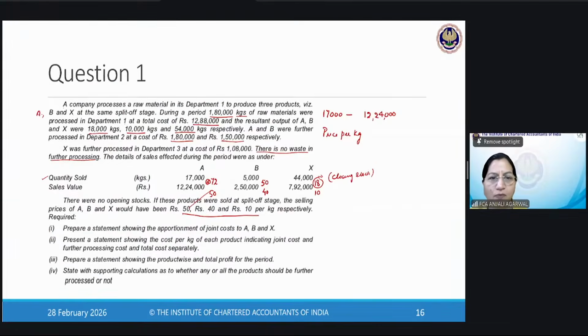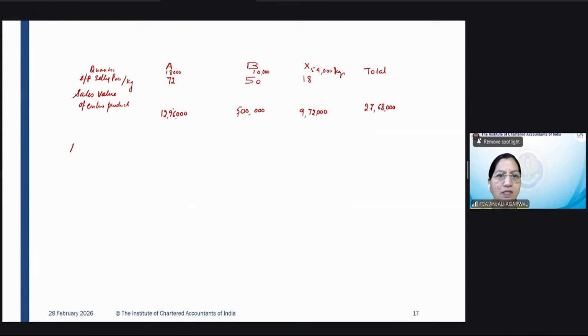net realizable value. So this is the selling price of all the products if the entire lot was sold. From this, if you subtract profit, we don't have. If you subtract selling expenses, which again we don't have, then you subtract post-separation expenses, which are mentioned. So you will get a ratio in which joint costs should be allocated.